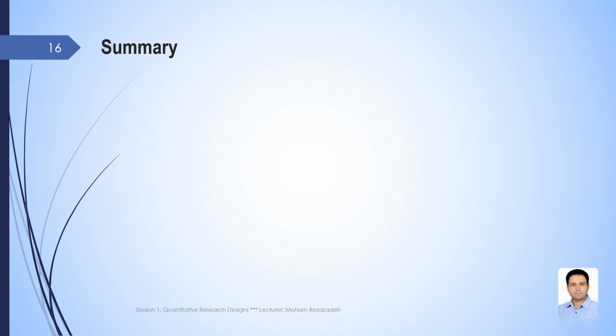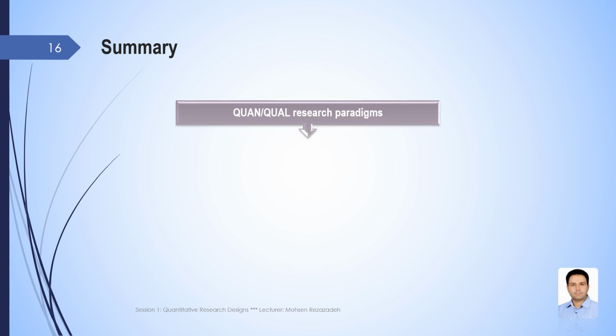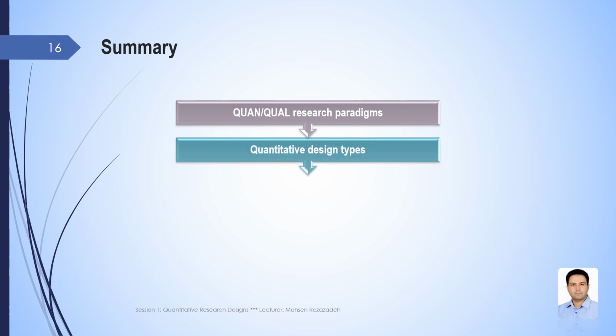Okay, let's summarize what we just said in this session. First, we talked about the binary distinction between quantitative and qualitative research paradigms, and we said that we also have another type of research called mixed methods research. Then we talked about different quantitative design types, namely experimental and non-experimental designs.